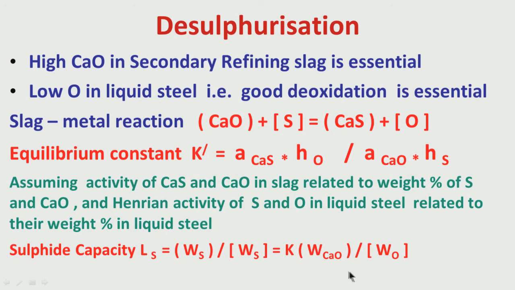And as I have told you, this is proportional to weight fraction of CaO, so more the CaO, more is the desulfurization, and it is inversely proportional to weight percent of oxygen in liquid steel. So, less is the weight percent of oxygen, better will be the desulfurization. So, deoxidation is a must before desulfurization to bring down the amount of oxygen in liquid steel.